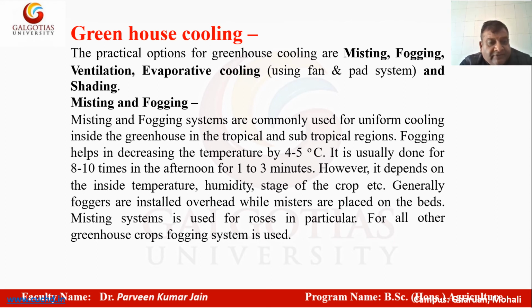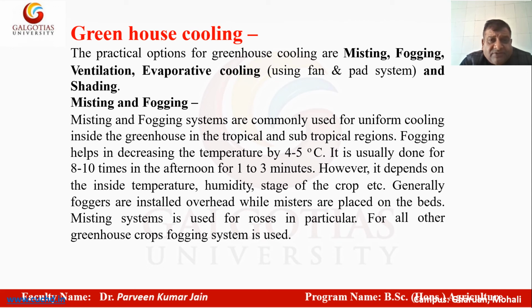So we have different technologies. Besides foggers, we can go for evaporative cooling systems, in which we install a fan and pad system. This is a typical semi-automatic kind of polyhouse, where we install fans in one wall and pads, normally cellulose pads, on the opposite wall.